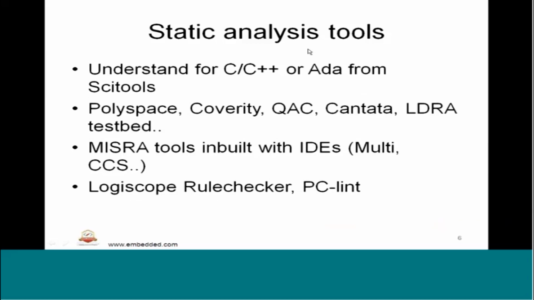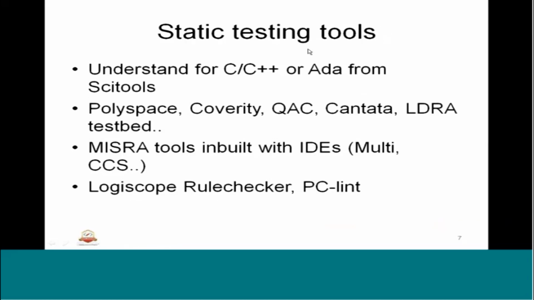Okay, so what are the tools that are available in the market or that are most likely to be used in the embedded software industry? Of course, there are hundreds of tools. Each one is evolved based on its usage and the feedback from the embedded industry. So there are a few examples which I try to put here, which can be used directly or indirectly, partially or fully, depending on the type of embedded software systems.